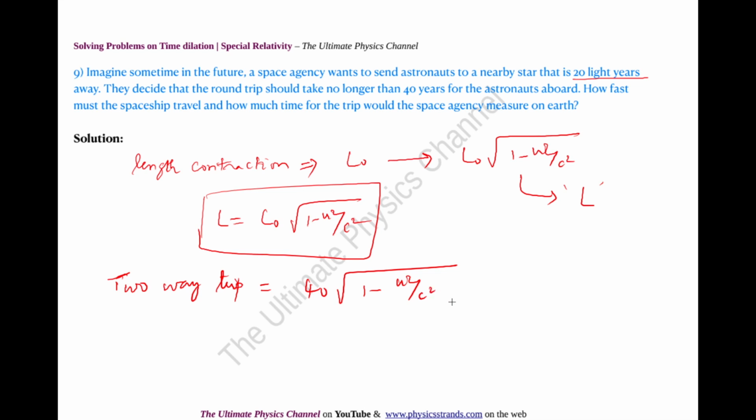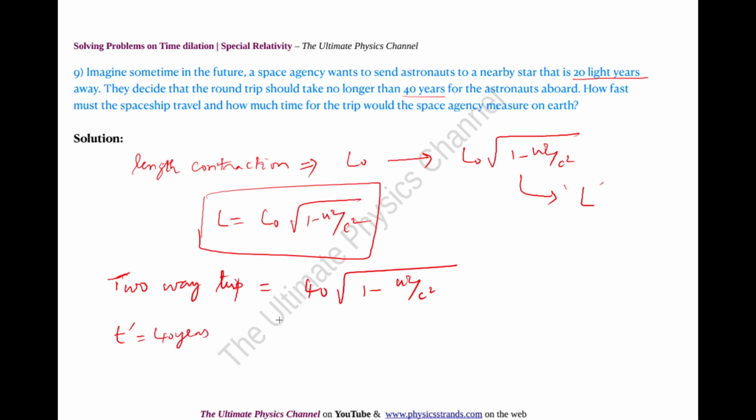Now the question here is, what about the time dilation effects? For the clock aboard the spaceship, it should have counted 40 years max. Therefore, I can say that that clock would have dilated, so t prime is equal to 40 years.